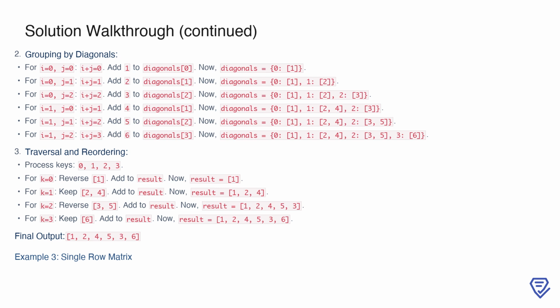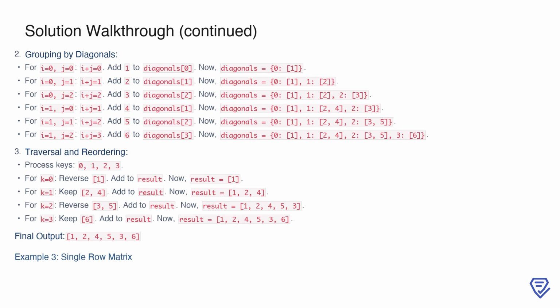For i equals 1, j equals 1, the sum is 2, so 5 is added to diagonals[2]. Finally, for i equals 1, j equals 2, the sum is 3, so 6 is added to diagonals[3]. By the end, the diagonals dictionary is 0: 1, 1: 2, 4, 2: 3, 5, 3: 6.